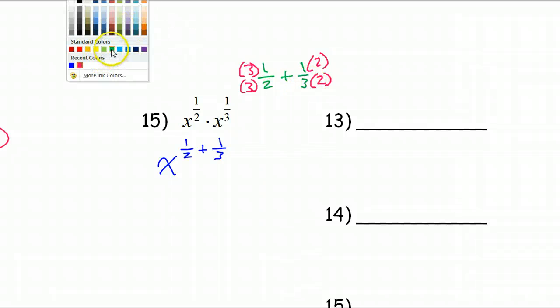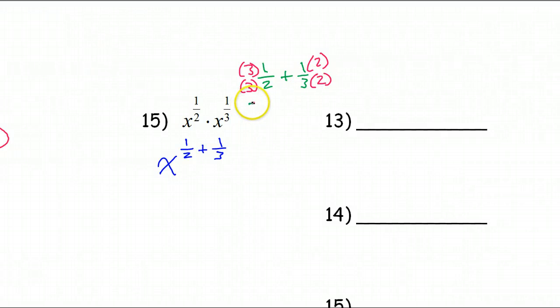So I need the common denominator. I'm going to have 3 over 6 plus 2 over 6. 3 plus 2 is 5, so that's going to be 5/6. That's what's happening right here.